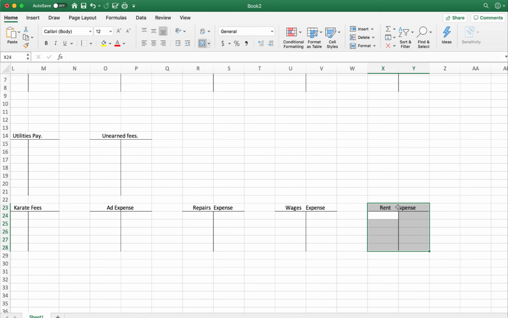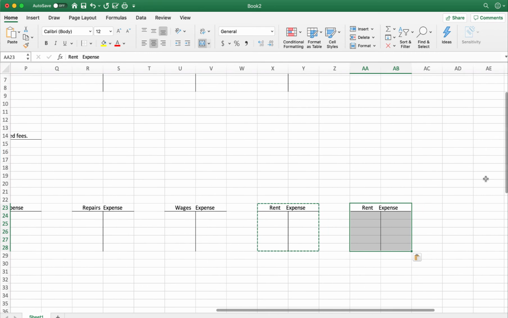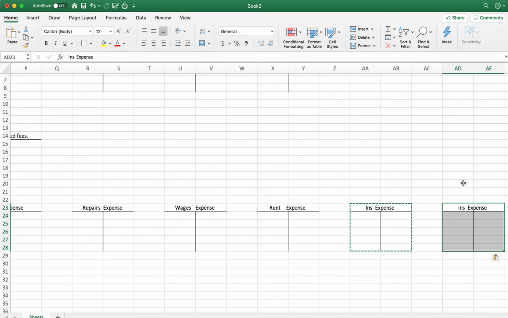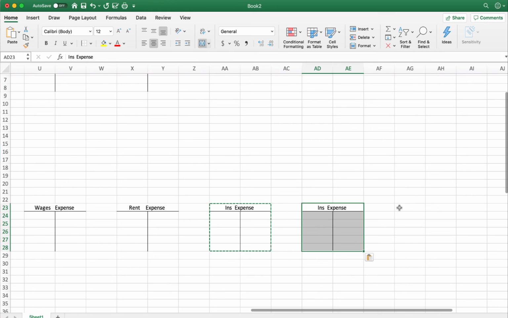Then they give us insurance expense. I'm just going to abbreviate that too. Insurance expense, and depreciation expense, equipment, and utilities expense are the last two. Now, I'm just going to do two more here real quick.